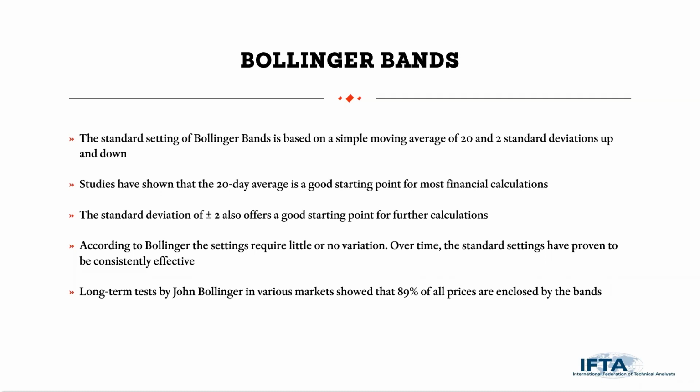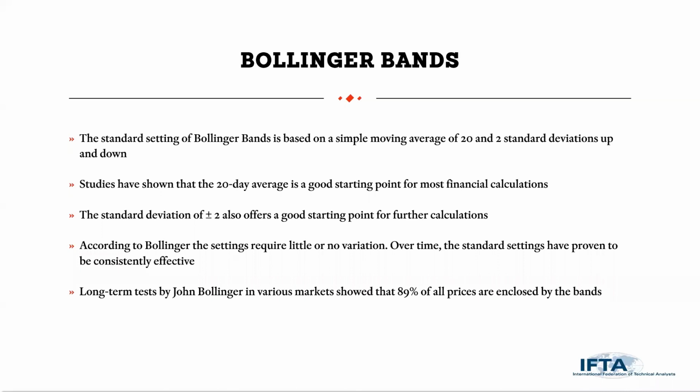Bollinger Bands are perfect for keeping things easy, using a simple moving average 20 and 1 and 2 standard deviations up and down, and then you have the bands. And this setting hasn't changed since '83. Of course, you can change it, but there's no reason to do so because they still work today.